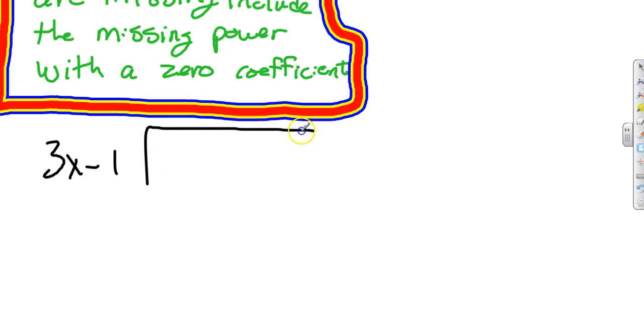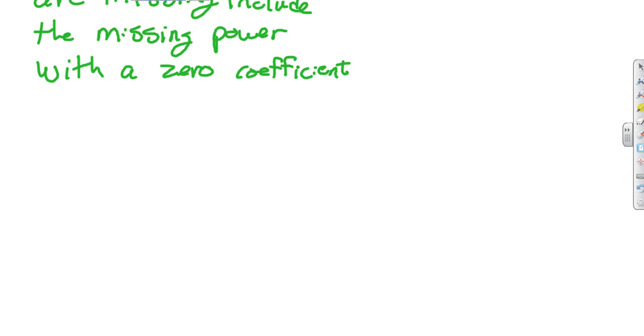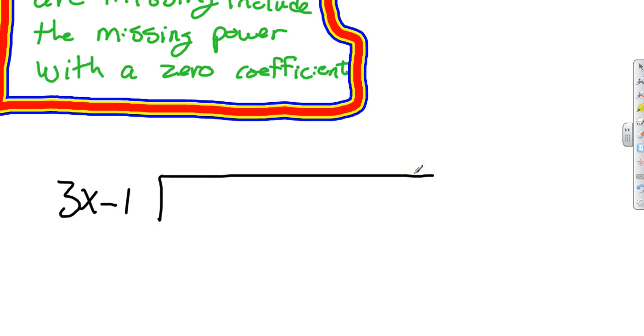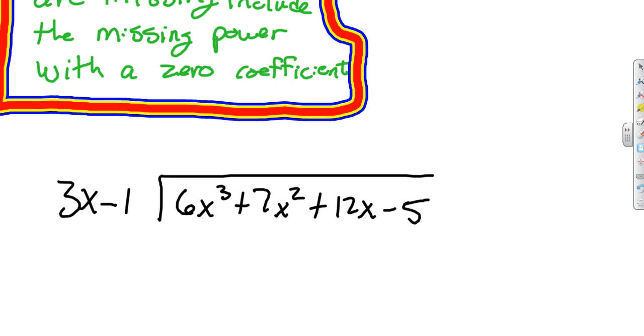It's 3x minus 1. Okay, so there was our problem that we had.